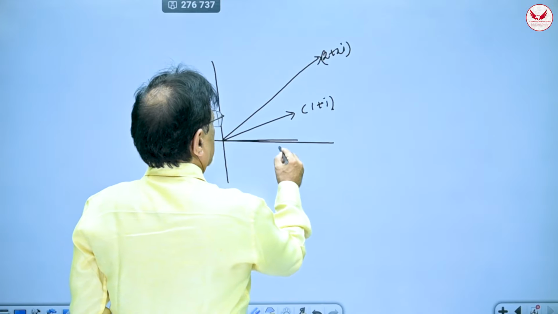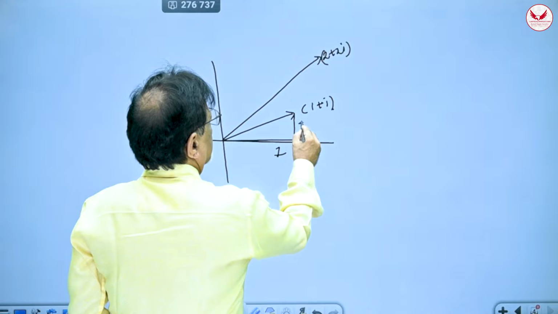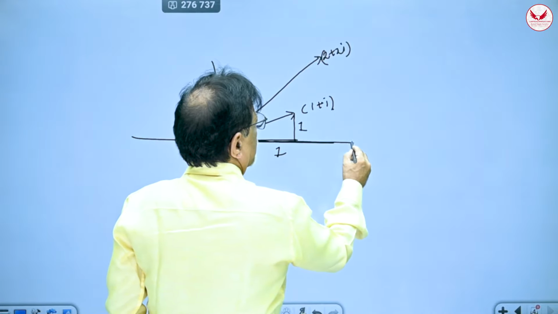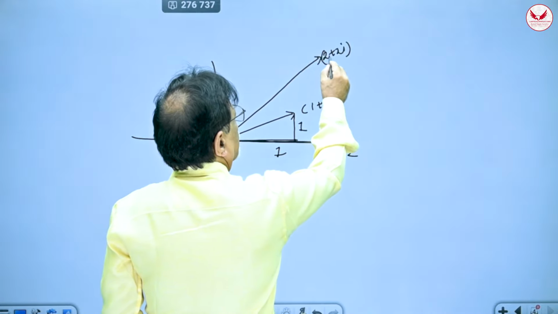So this distance is 1, this distance is 1, okay? This distance is 2 and this distance is also 2.